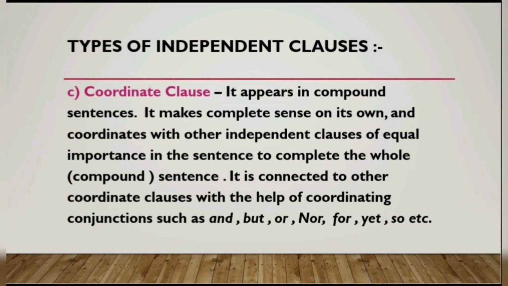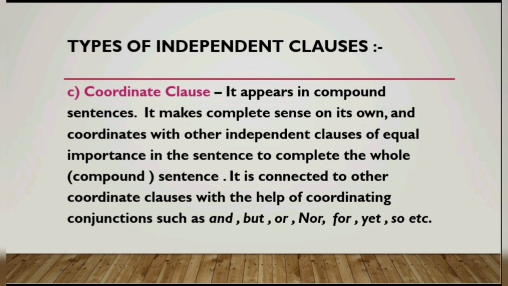It makes complete sense on its own and coordinates with an independent clause of equal importance in a sentence to complete the whole compound sentence. So in order to complete a compound sentence, what should it contain? It should contain at least two independent clauses. If it contains two independent clauses joined by a coordinating conjunction, then the sentence would be a compound sentence, and the clauses will be coordinate clauses.